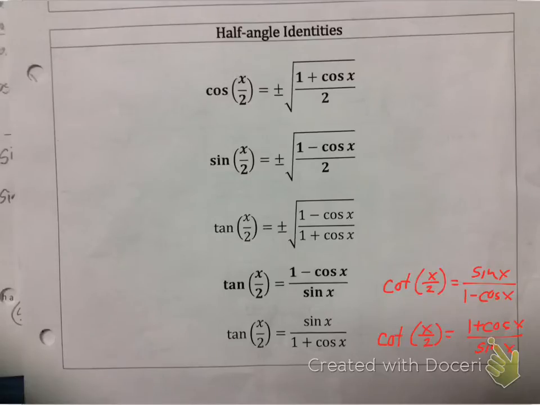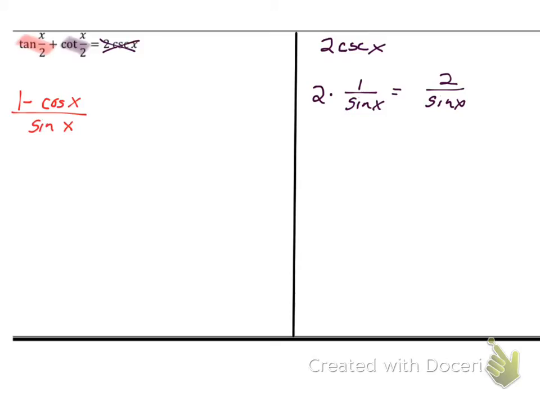Probably the bottom one. Because the bottom one has sine x on the bottom, which will be perfect because we're adding. So we'd have 1 plus cosine of x over sine of x. And since we're adding and we have a common denominator, that means we can just push the tops together. You could probably do this in your head, I'm just going to do it all the way.